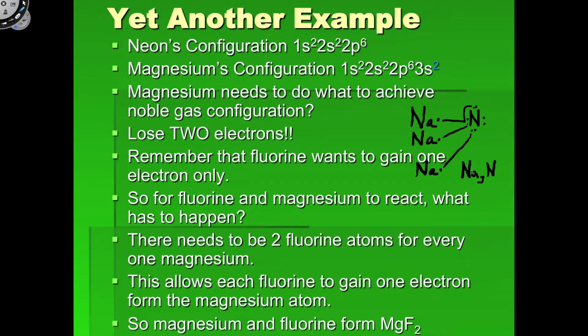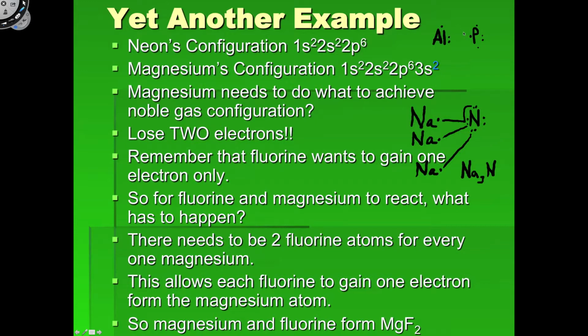And we'll do one more. Let's say we had aluminum, valence of 3, so I'm going to draw 3 dots. And let's say we had phosphorus. So what's the valence for phosphorus? It's in column 15, so 5 dots. And what does aluminum want to do with its 3 valence electrons?